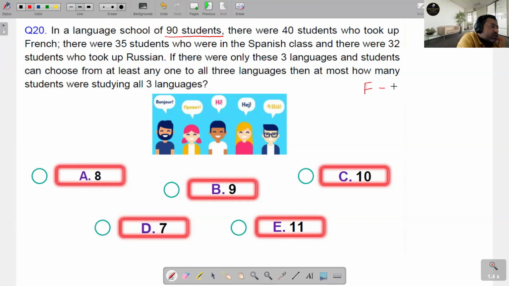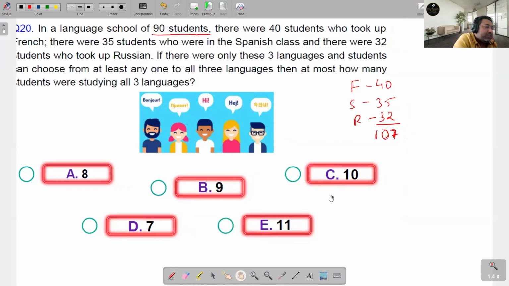French was 40, Spanish is 35, and Russian is 32. If we add all this up, we get 107 in the total list. Of course, there are some duplications. Some names might be in all 3 languages as well.